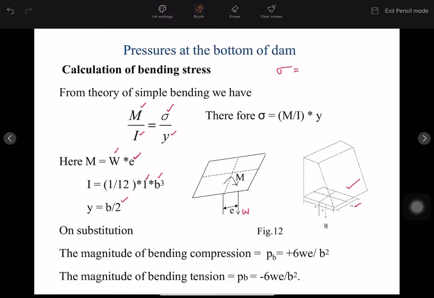So if we solve this equation, 1 by I into Y, W into E by I is B by 12 into B by 2. So here we have 6E by B square, right?